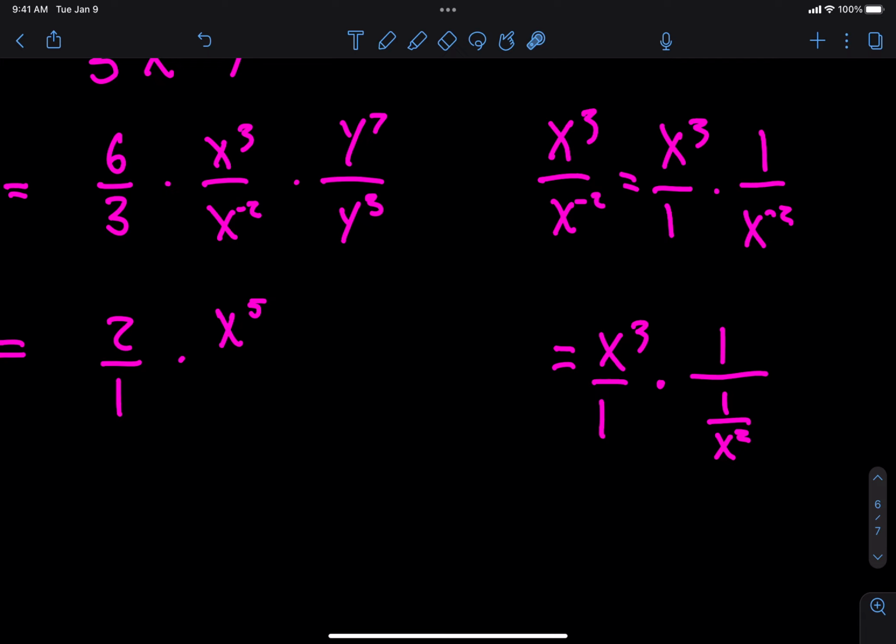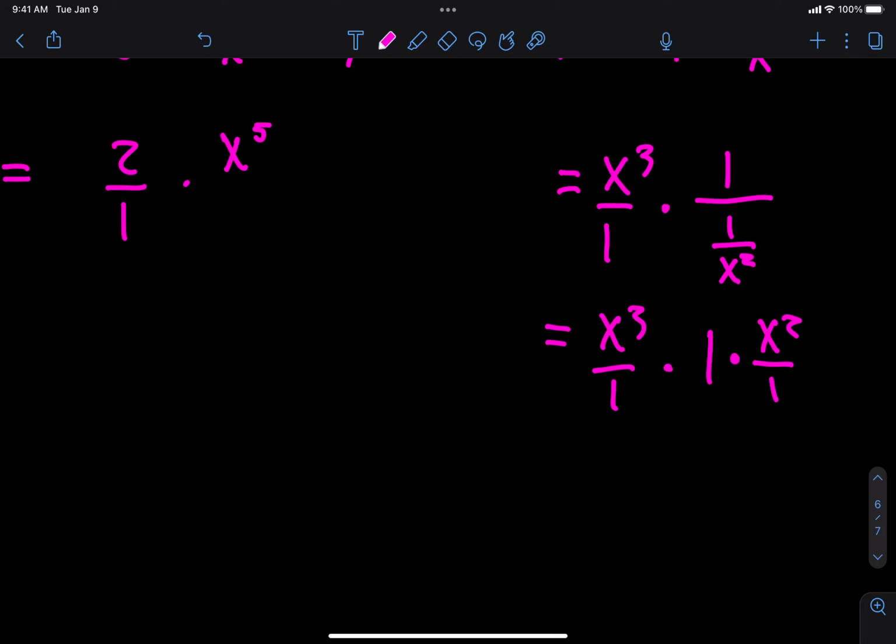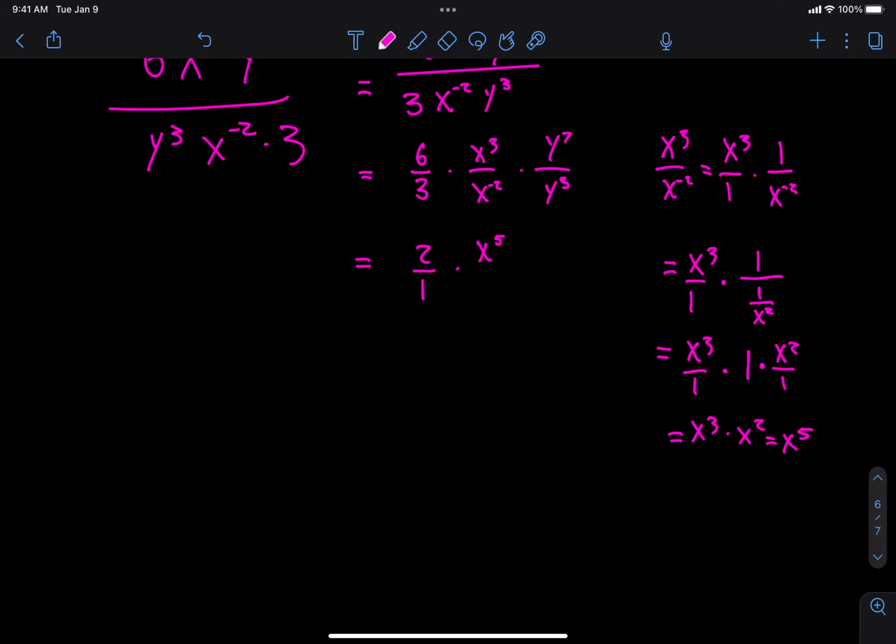If I divide by a fraction, it's the same as multiplying by the reciprocal. So this is x cubed over 1 times x squared over 1, which is just x cubed times x squared, which is x to the 5th. Your way was easier, huh?